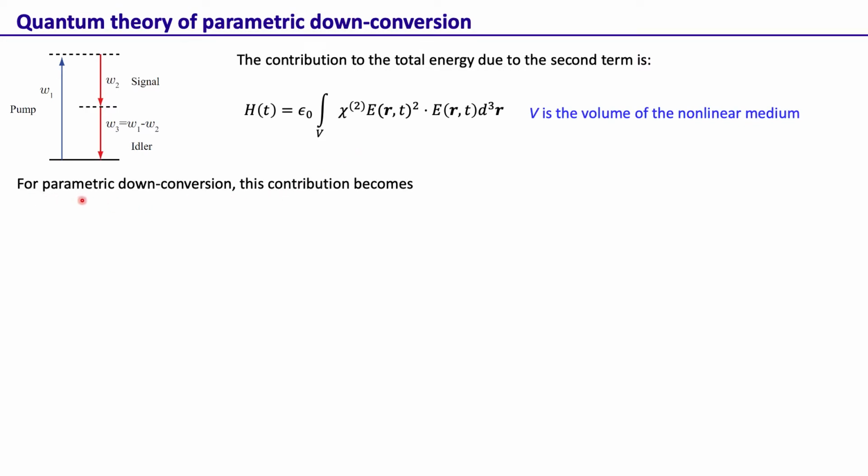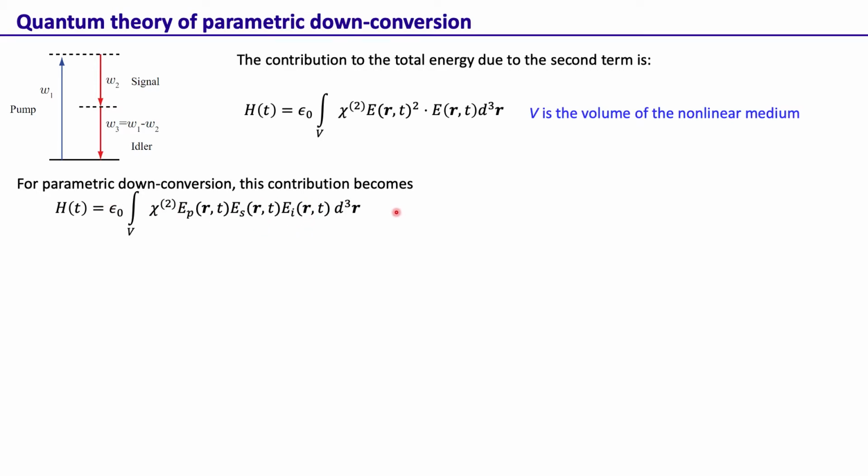So for parametric down conversion, this contribution can actually be written like this. Of course there are three fields here, E square and E, but in down conversion we have three separate fields: pump, signal, idler. So we have chi 2, EP, ES and EI.